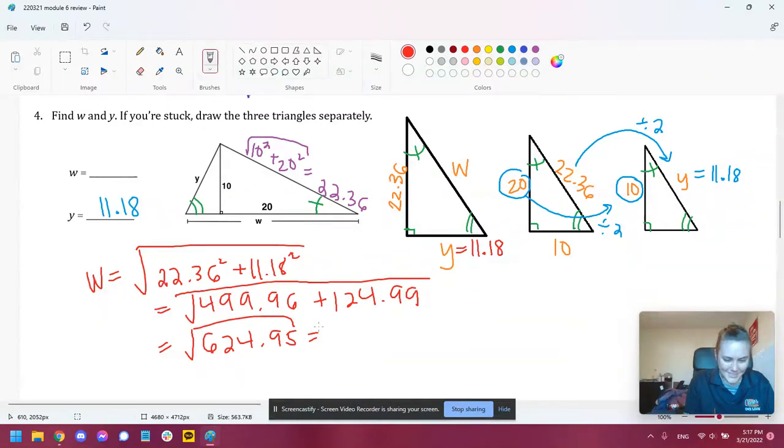Great. Square rooted. We get 24.99899, so pretty close to 25.